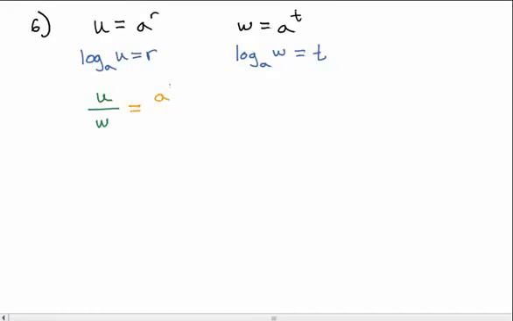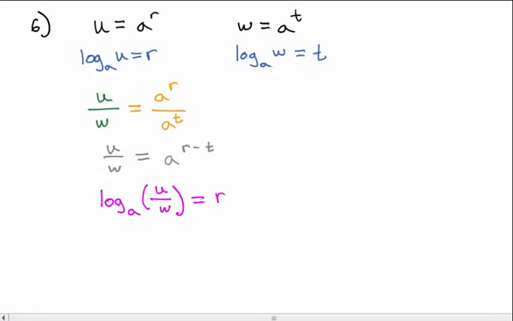Which means we're really taking a to the r divided by a to the t. And again, our exponent properties tell us that we should subtract those exponents. So that's a to the r minus t. And then if we convert this to a log again, the base is a of u over w.